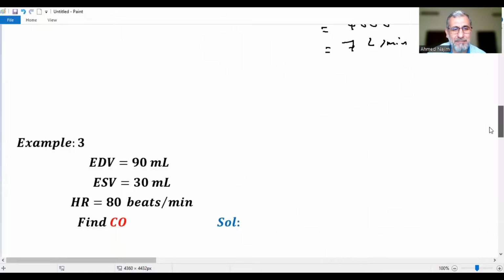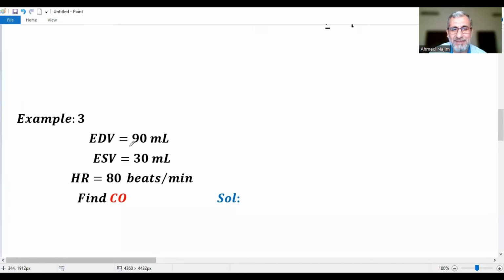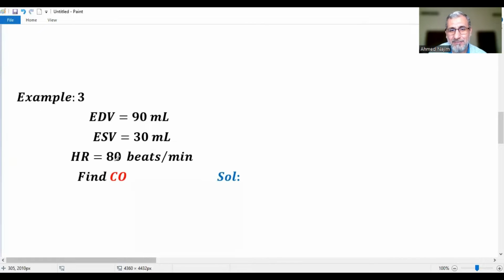In example number 3, the end diastolic volume is 90 and the end systolic volume is 30. So the stroke volume will be 60, because 90 minus 30 is 60. Now what about the cardiac output if the heart rate is 80 beats per minute?